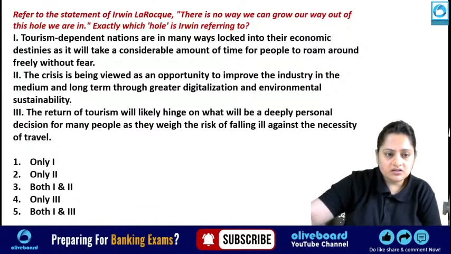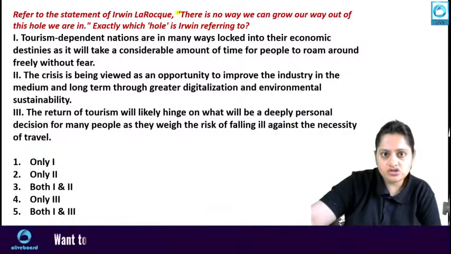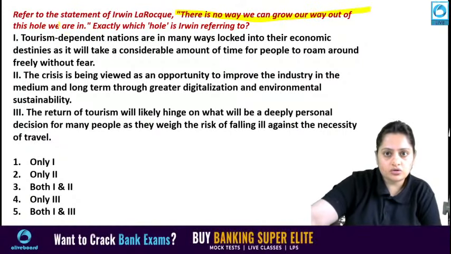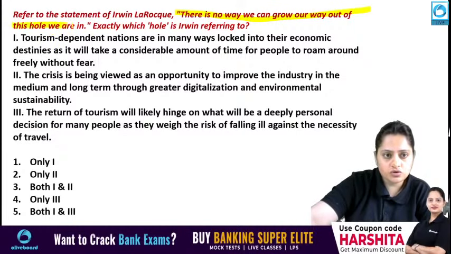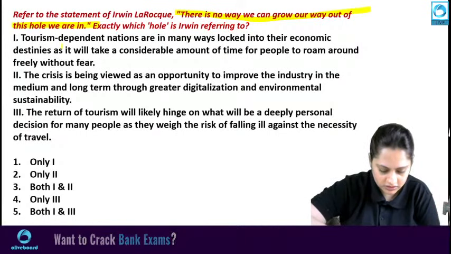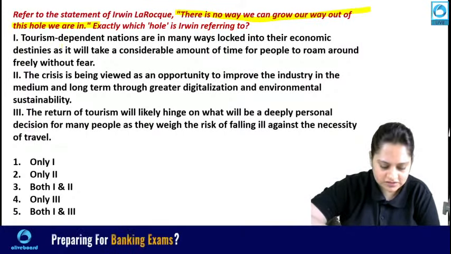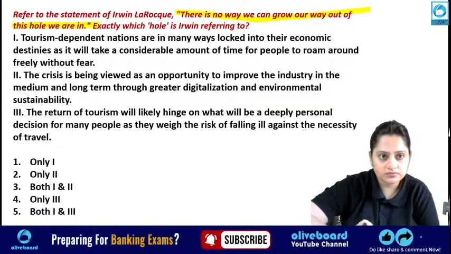Guys, the statement which is mentioned of Irwin, there is no way we can grow your own way out of this hole we are in. What is he referring to? According to the passage, you will obviously have to mark what he is referring to.